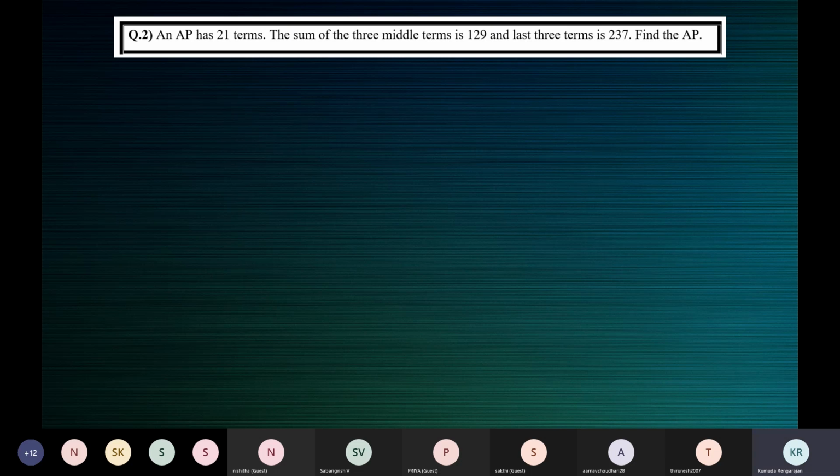Make a note of this question, children. An AP has 21 terms. Please write down this question. An AP has 21 terms.